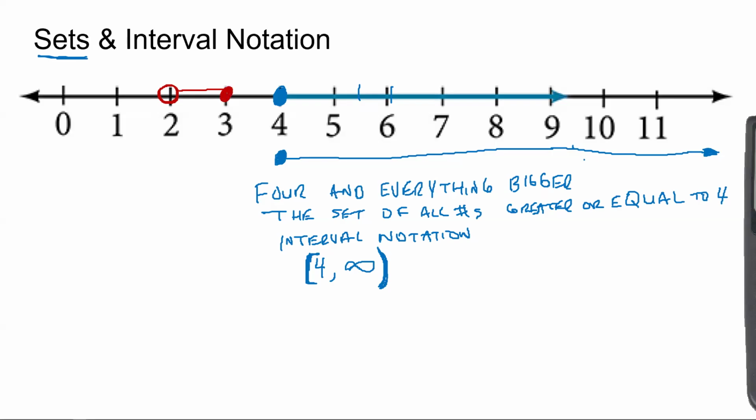So here I want to start with everything that's greater than 2, and less than or equal to 3. Okay. So we're thinking about that little piece of space right there.